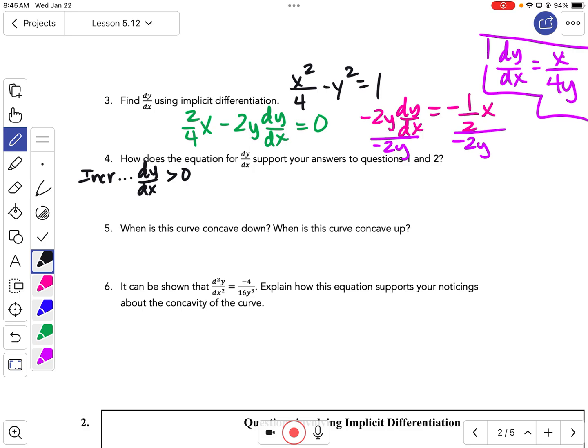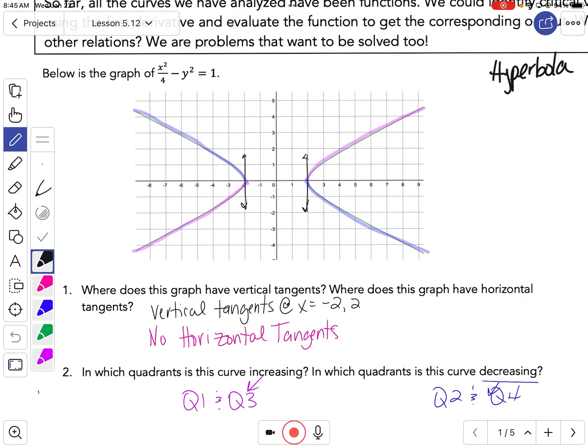Are my slopes positive in quadrants 1 and 3? If I look at quadrant 1 and do my tangent slopes, are they positive? What about in quadrant 3? Yes, they are, so it matches.